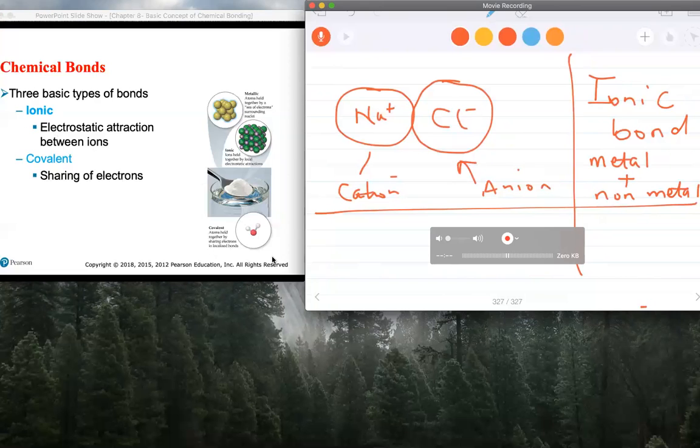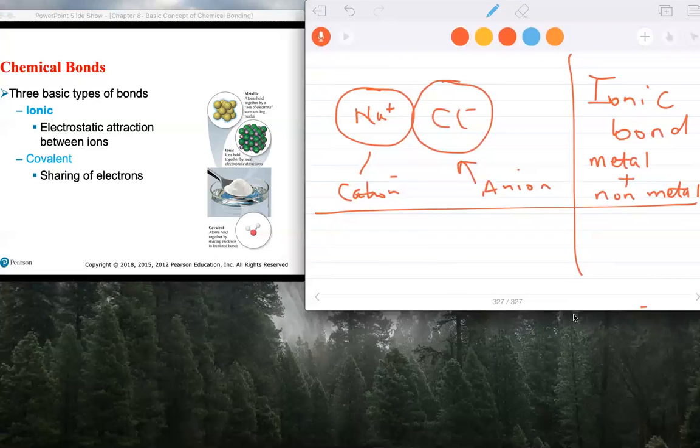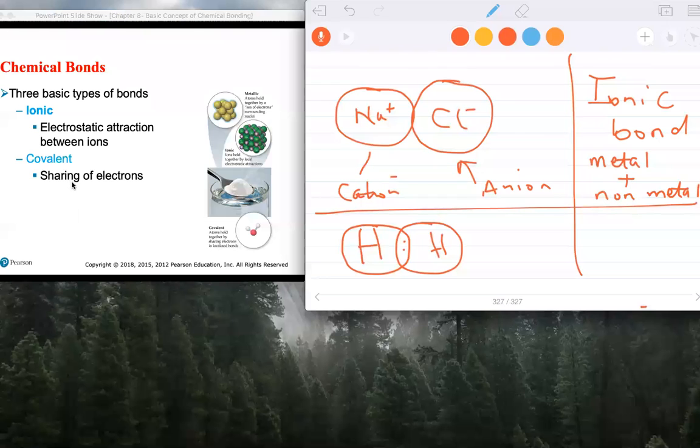Now, covalent bond, on the other side, this one is made up of two non-metals sharing electrons. We're gonna talk about the sharing later on, but by looking at the chemical formula of a compound, you can tell whether it has covalent bond.